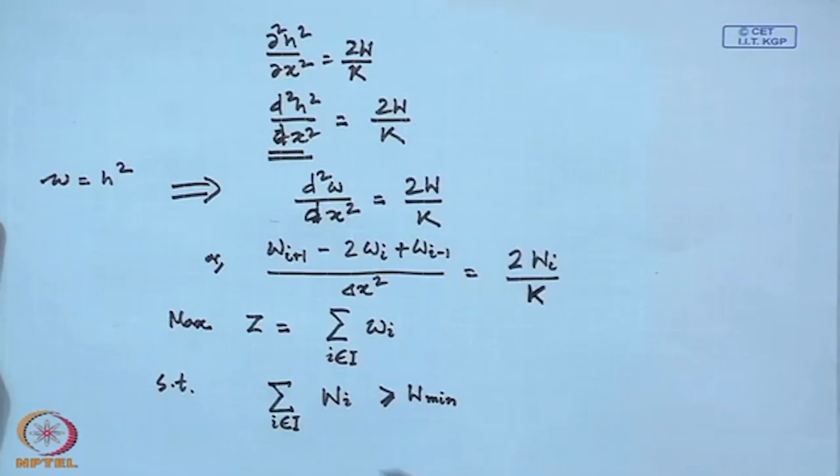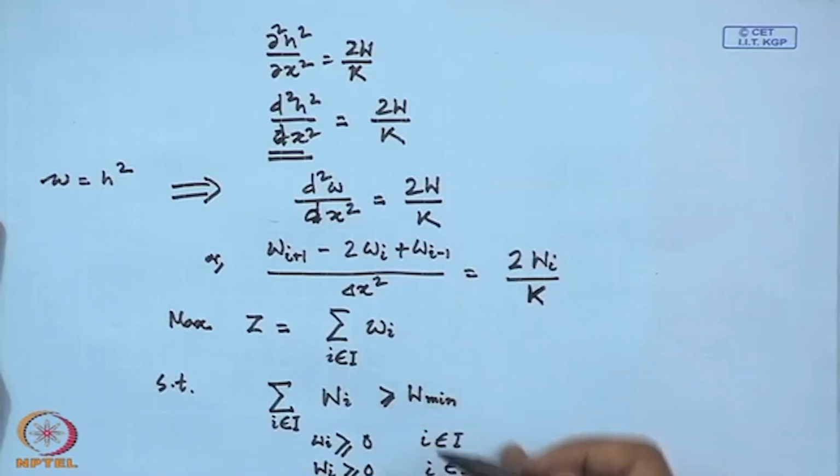Other constraints we need are that small w should be greater than or equal to 0, since head cannot be negative, and also our pumping cannot be negative.